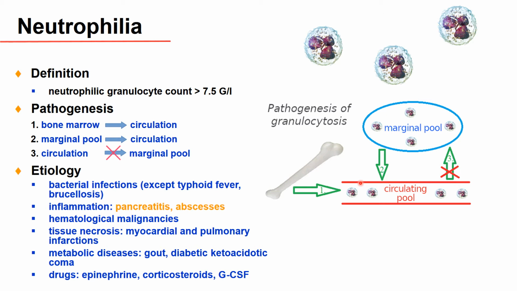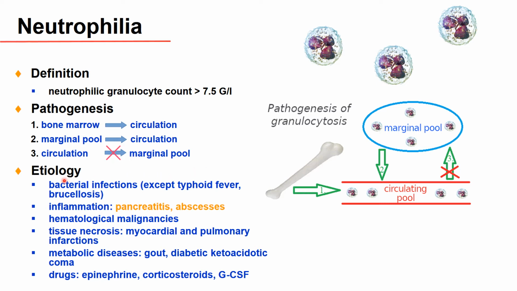For example, after eating you usually have a granulocytosis, a neutrophilia, or with any kind of sympathetic stimulation that will increase the release from the marginal pool or from the bone marrow, so the patient will have a neutrophilia without any kind of infection.